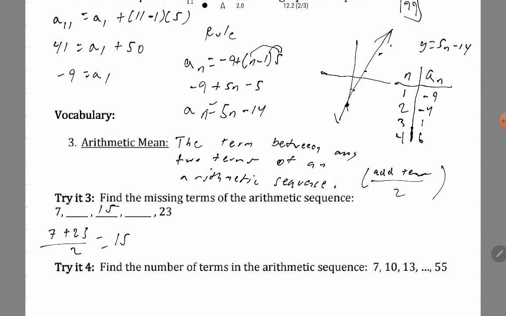To get in between 7 and 15, we do the same thing. 7 plus 15 divided by 2 equals 22 divided by 2, which is 11. This only works with arithmetic sequences, because now we can notice that the common difference here is we're adding 4. 4, add 4 again, that's 19, and add 4.